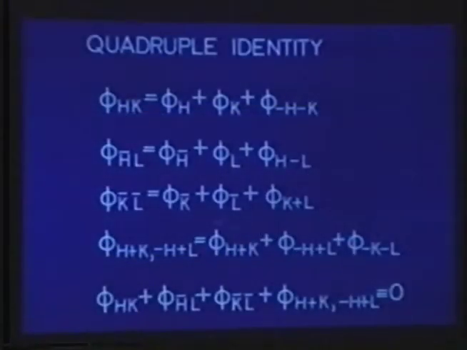And in this way, as you can see, we have defined four structure invariants in a very special way. Phi sub K and phi sub minus K cancel, and so on. Phi sub L and phi sub minus L cancel, so that by simply adding up these four triplets, we get a relationship among the structure invariants which must of necessity hold.